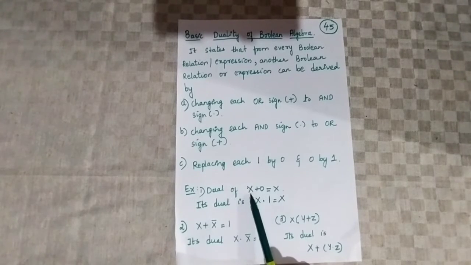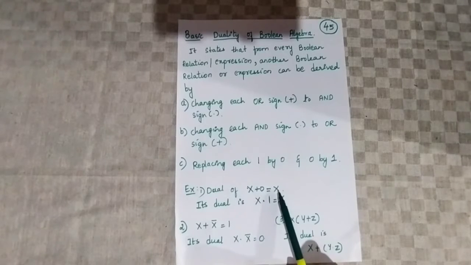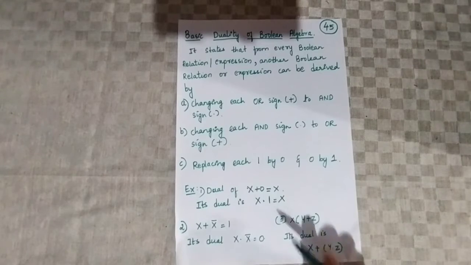So here we have X, which remains as it is. Then we have plus, which has to change to dot. Then we have 0, which has to change to 1, equals, it again says X. So X remains as it is. So this is its dual form.